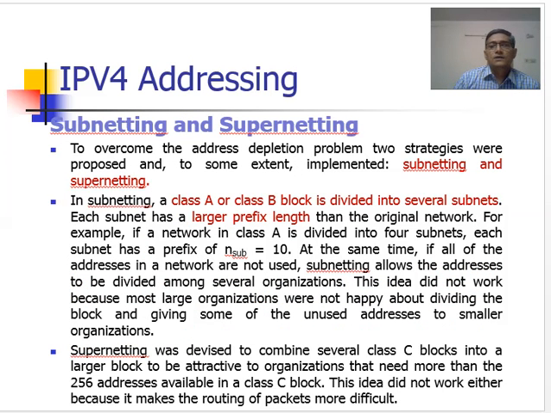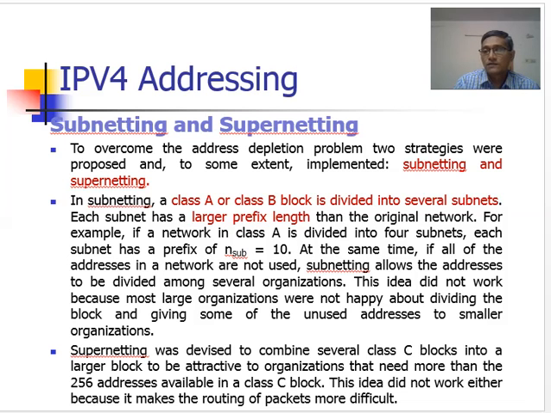Now to overcome the address depletion problem, as I told, the 2 temporary solutions are subnetting and supernetting. In subnetting, class A and class B addresses are divided into blocks, and while dividing, the prefix length is variable. As time goes, an organization gets several subnets, that is, a particular block of addresses is used by an organization, but the entire block may not be used.